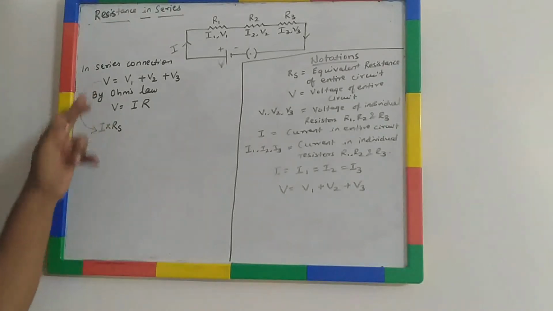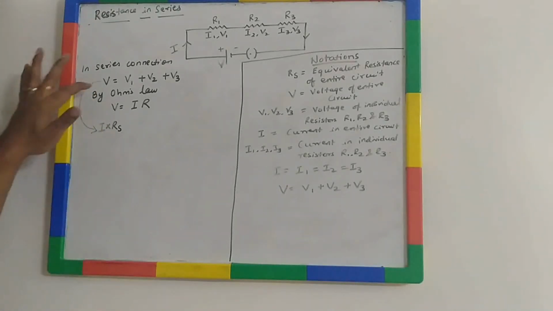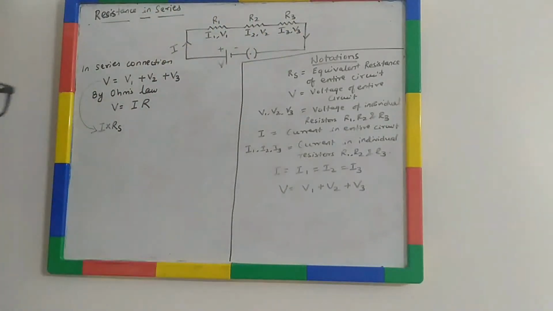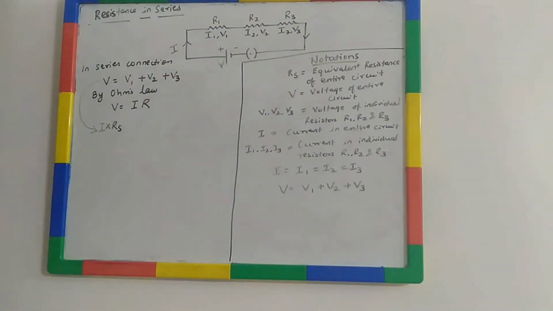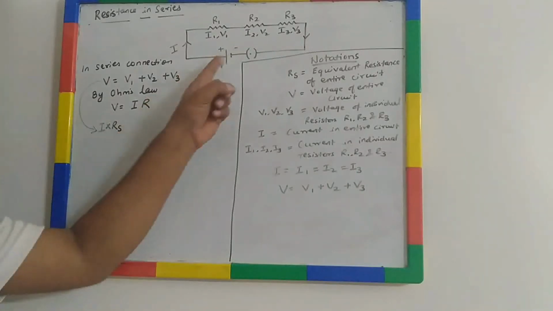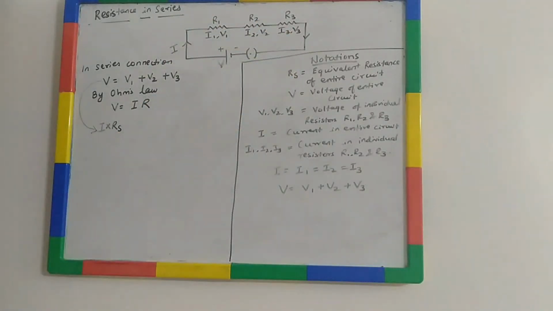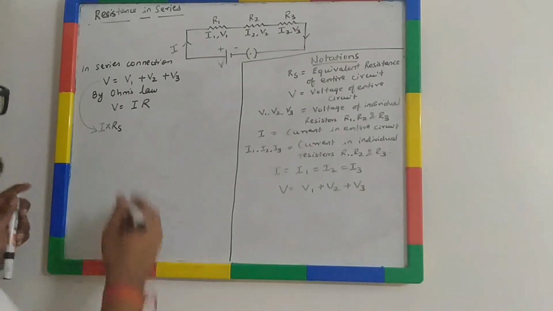Why have I written V as I into RS? As V is the entire voltage of the circuit, I is the current of the entire circuit and RS is the equivalent resistance of the entire circuit from the given notations.